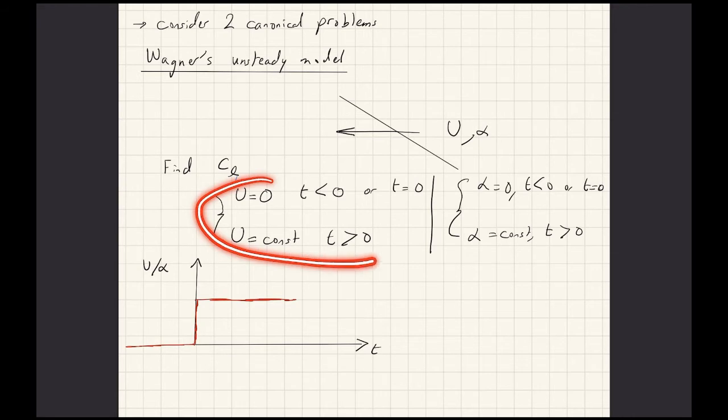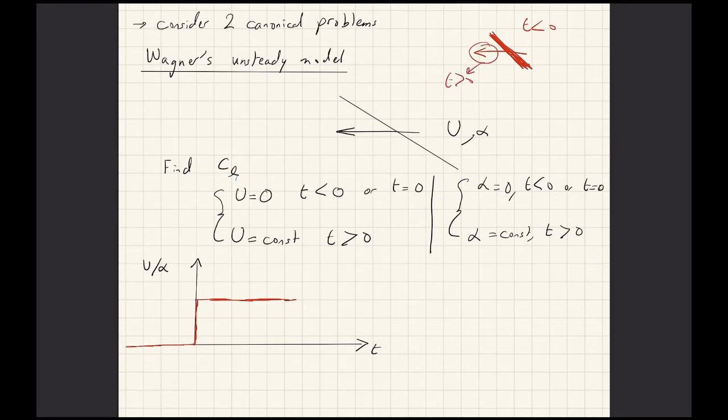Now, the reason that those two conditions, a step input in angle of attack and a step input in the free stream velocity, are equivalent is that a wing that is at rest at t less than 0 and then starts moving at t larger than 0 with a constant free stream velocity U, this case is equivalent to a wing that is moving at that free stream velocity at 0 angle of attack and then suddenly pitches to a constant angle of attack at t larger than 0.